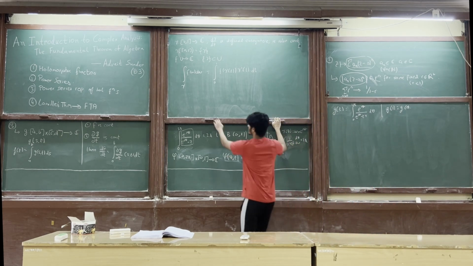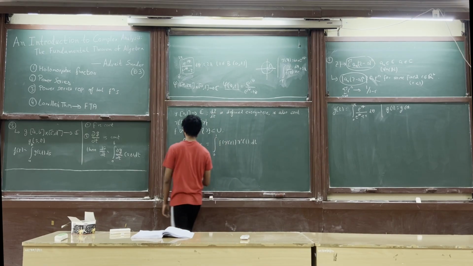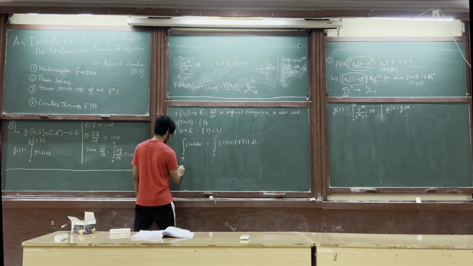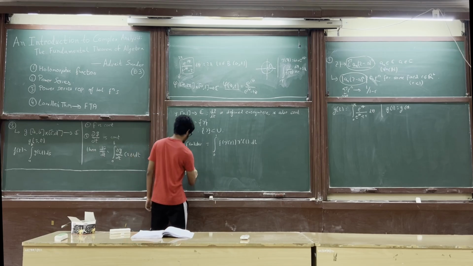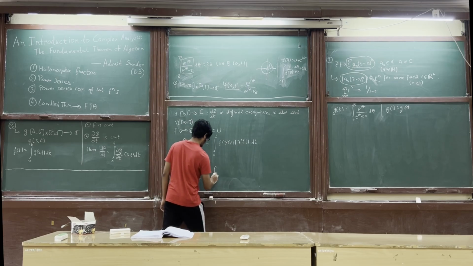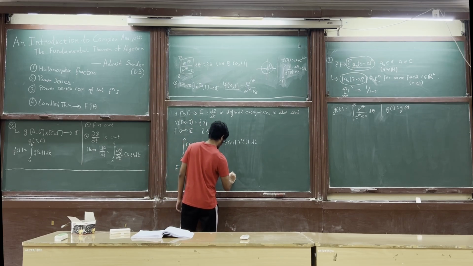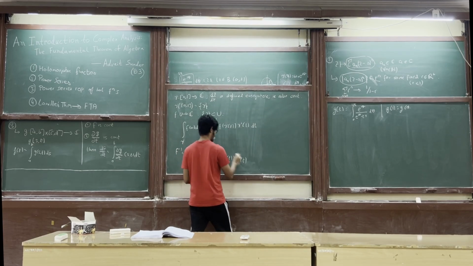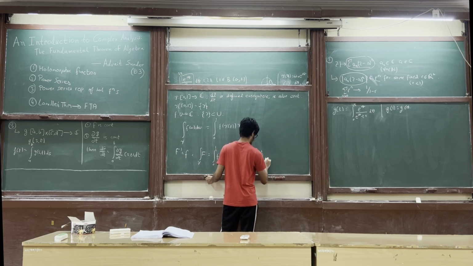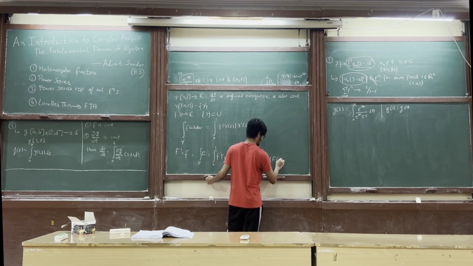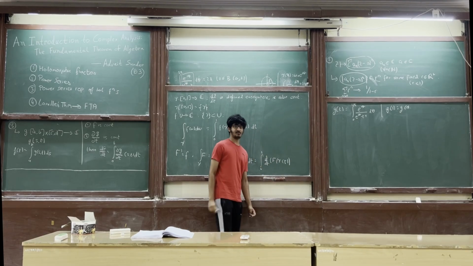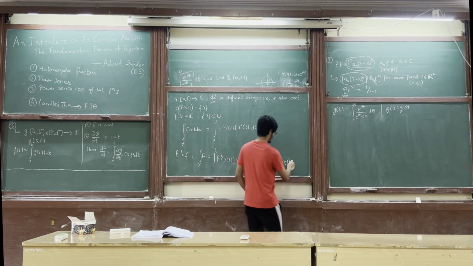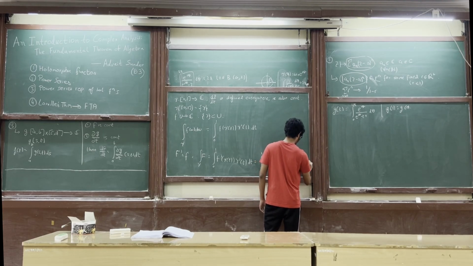But before that, something I forgot to mention here, if you have a function f such that its derivative is small f, then the integral over gamma of f, which is nothing but the integral of f prime of gamma of t times gamma prime of t as t goes from 0 to 1, and as you guys know from the Fundamental Theorem of Calculus, something done in 12th, is nothing but f of gamma at 1 minus f of gamma at 0.